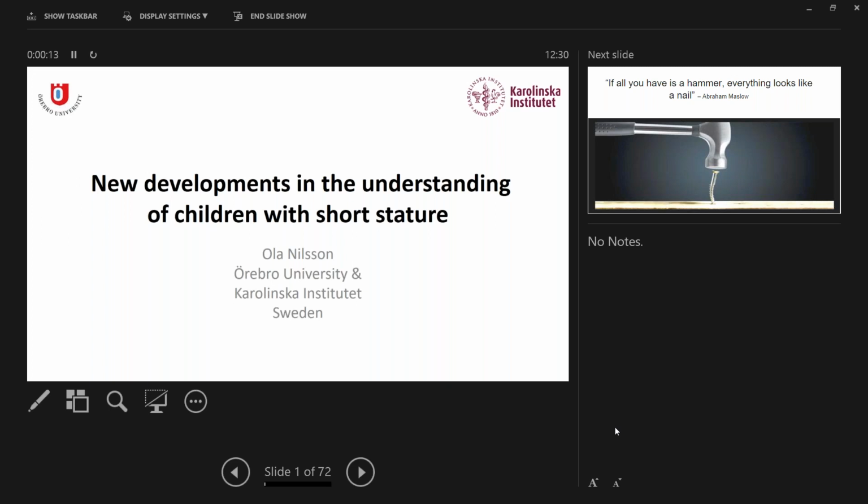So in the last 20 years, I think the science has started to come together to make it possible to understand growth disorders on a more detailed level. For many years, the large part of the children we see for short stature will get the unhelpful diagnosis of idiopathic short stature.